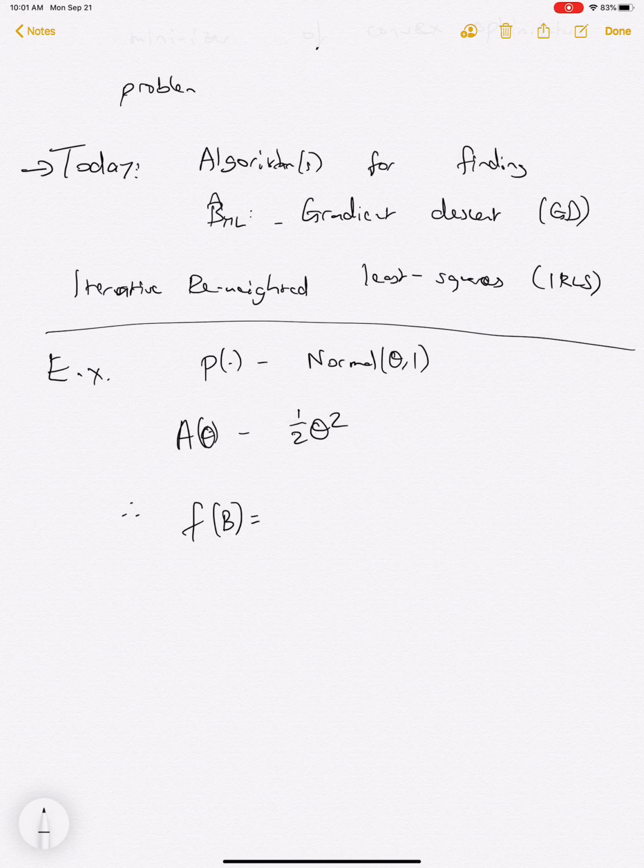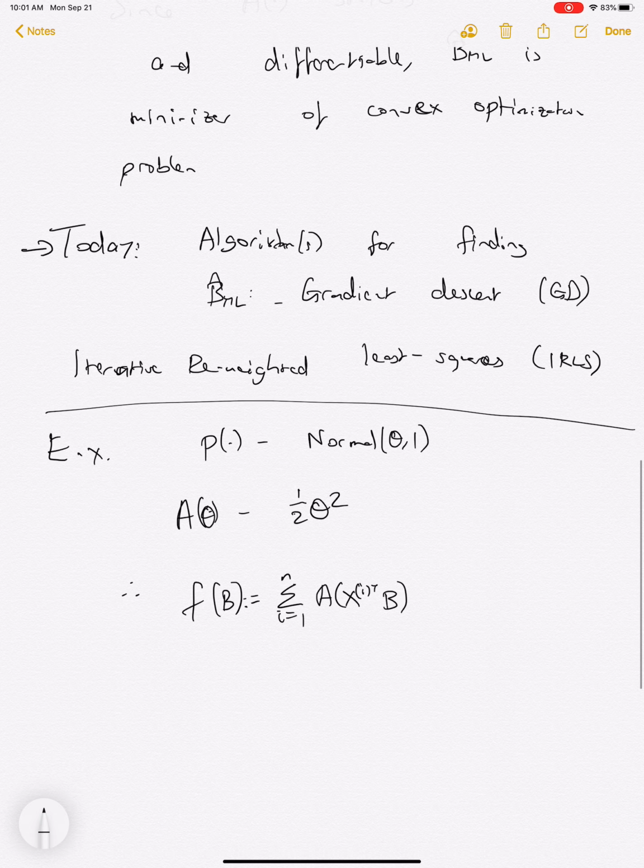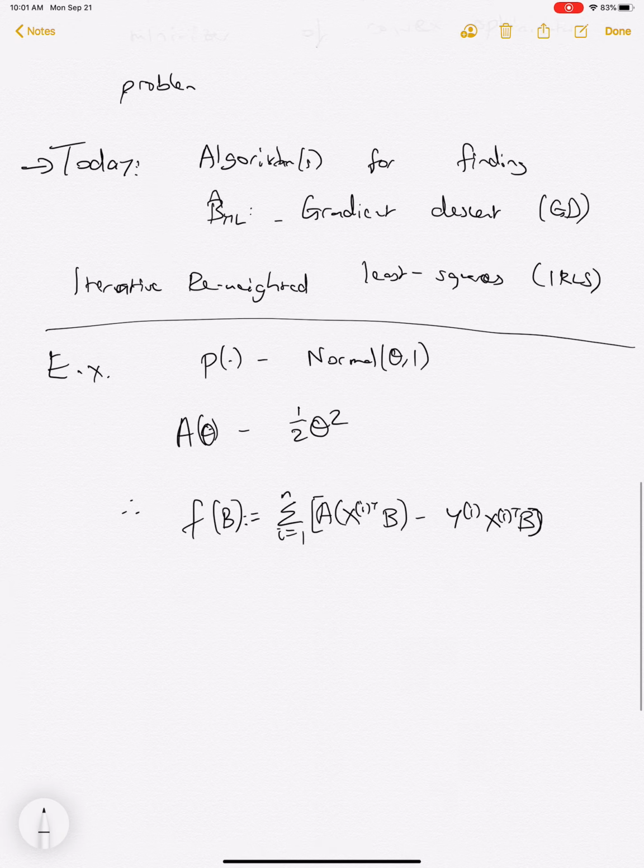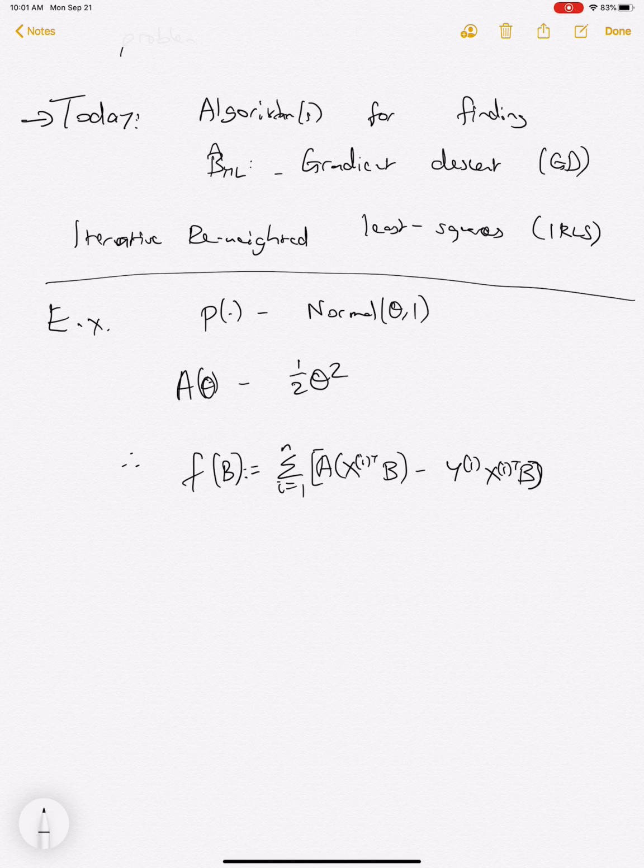If we use this notation, f of beta, which is the function that we're trying to minimize today, the negative log likelihood, then if A of theta is half theta squared, f ends up being quadratic.